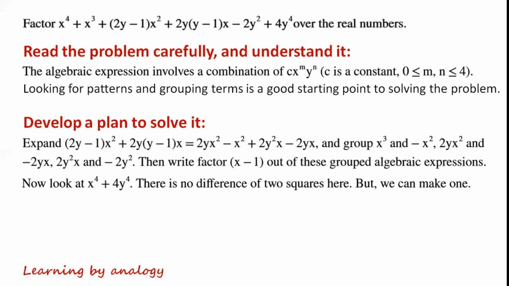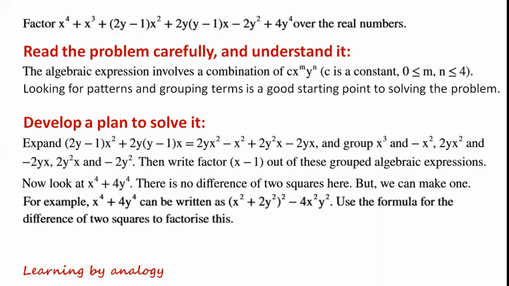Now look at x to the power of 4 plus 4y to the power of 4. There is no difference of two squares here, but we can make one. For example, x to the power of 4 plus 4y to the power of 4 can be written as (x squared plus 2y squared) all squared minus 4x squared y squared.